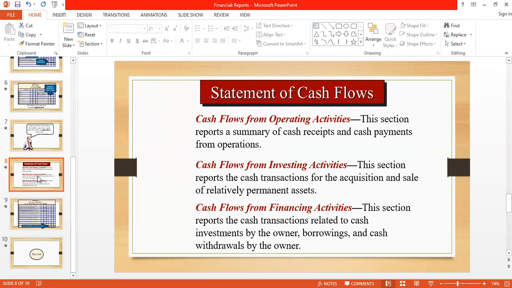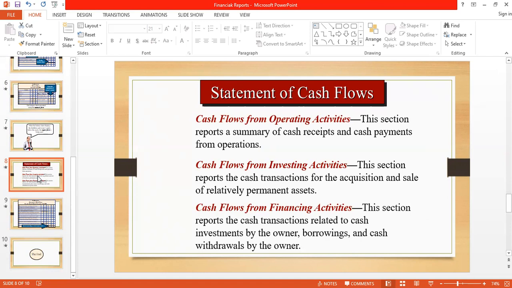In investing activities, we record the purchase and sale of fixed assets, permanent assets, long-term assets. If any cash is received from the sale of an asset or any cash is paid for the purchase or acquisition of a fixed asset, that will be recorded under investing activity. While in financing activity, we record only liabilities and owner's equity.